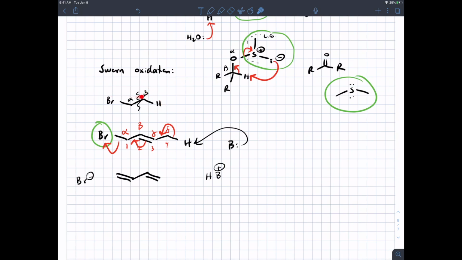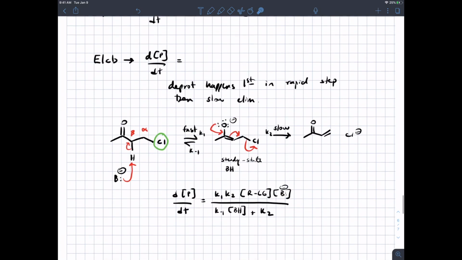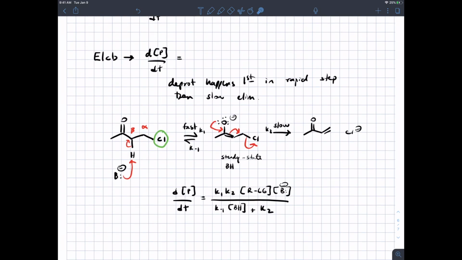Probably it's beta to the leaving group, so that pKa is less, but it's very difficult. It would be very difficult here to remove the proton entirely before the leaving group left. In other words, you need sort of that cooperation of the leaving group in order for the proton to be removed. In contrast, the pKa here is somewhere around 20. And so it should be a little bit faster for the base to remove this proton, and the leaving group doesn't have to leave as much before the deprotonation can happen.